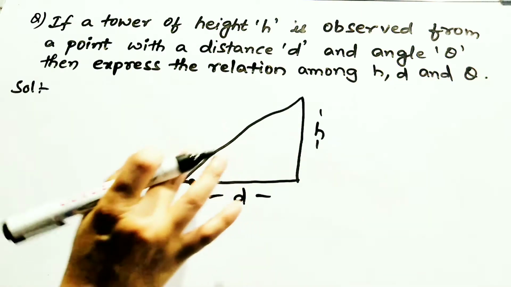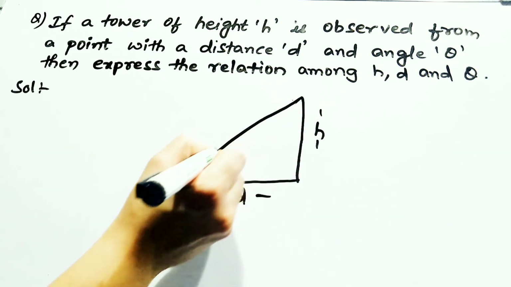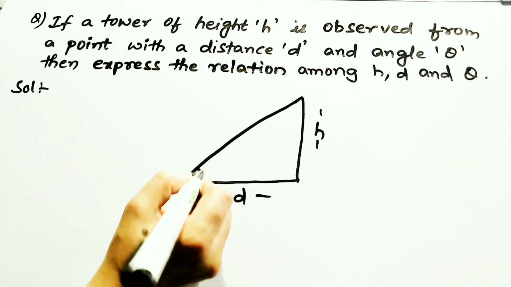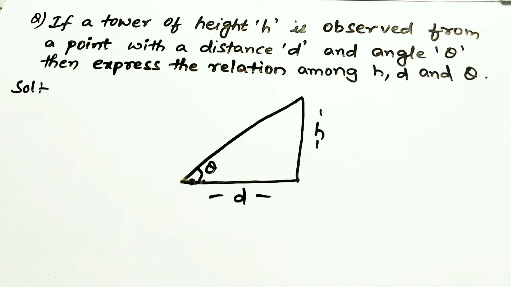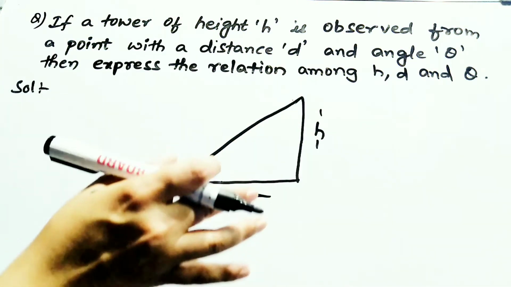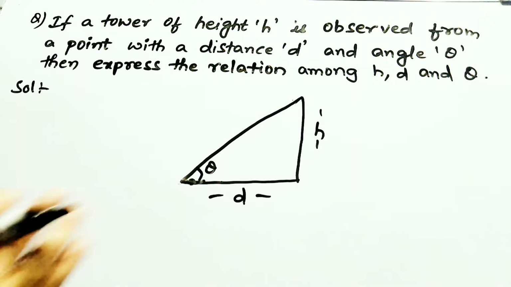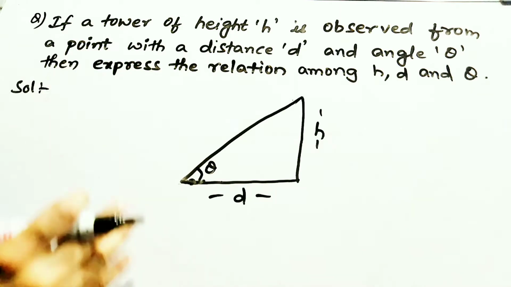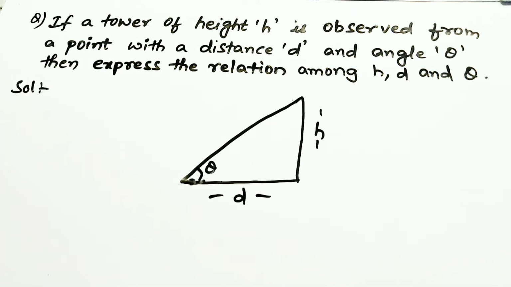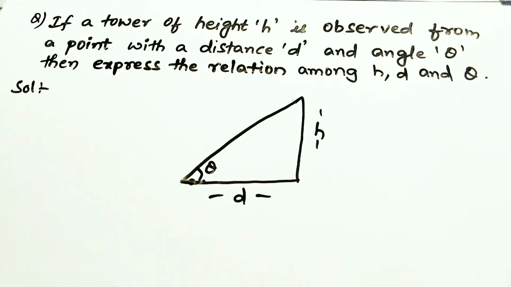The angle of elevation is theta. The height of the tower is h. The distance between the observer and the tower is d. One angle is formed, theta. So you have to express the relation between h, d and theta.